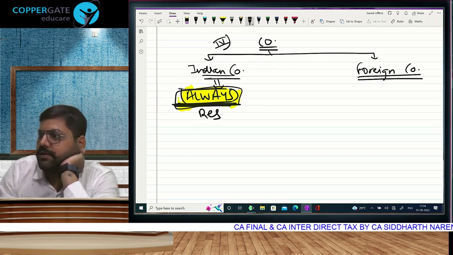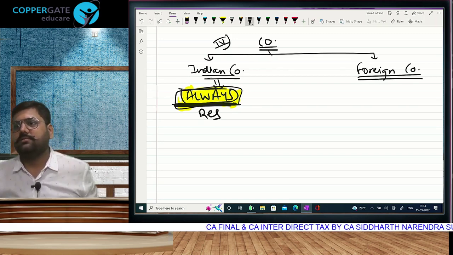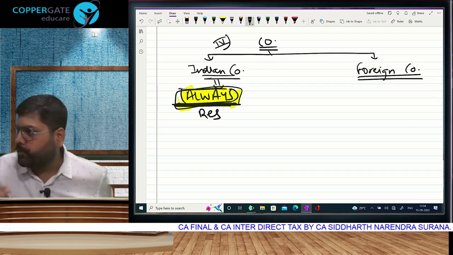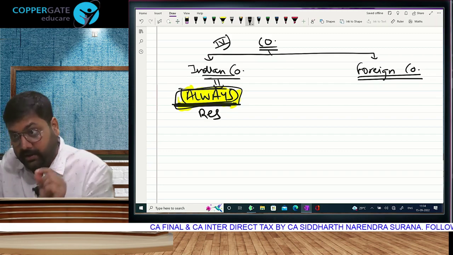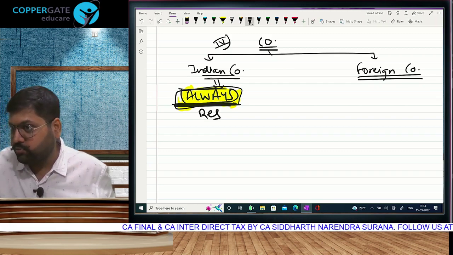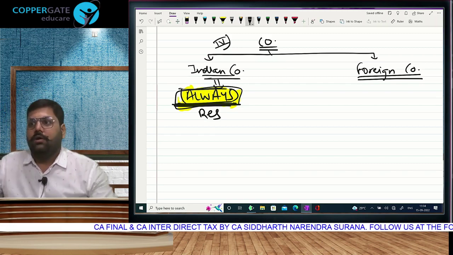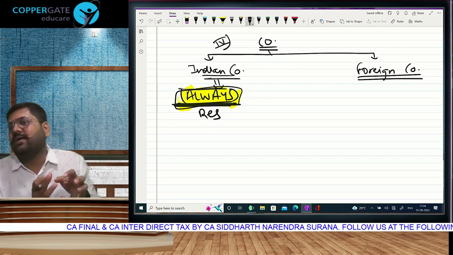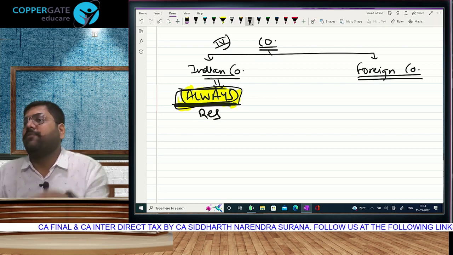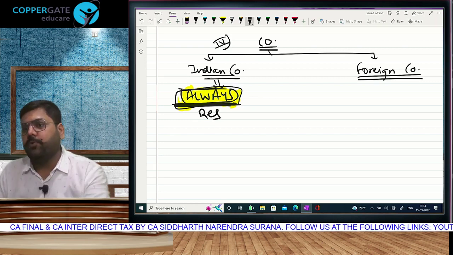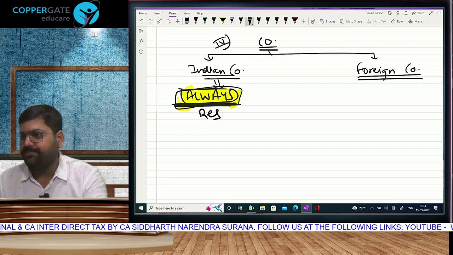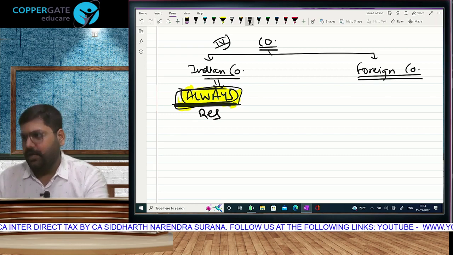All decisions outside India? Still resident. Once you incorporate a company under Indian company law, will you say 2013? No. It can be the present law or the erstwhile, now deleted law, 1956.